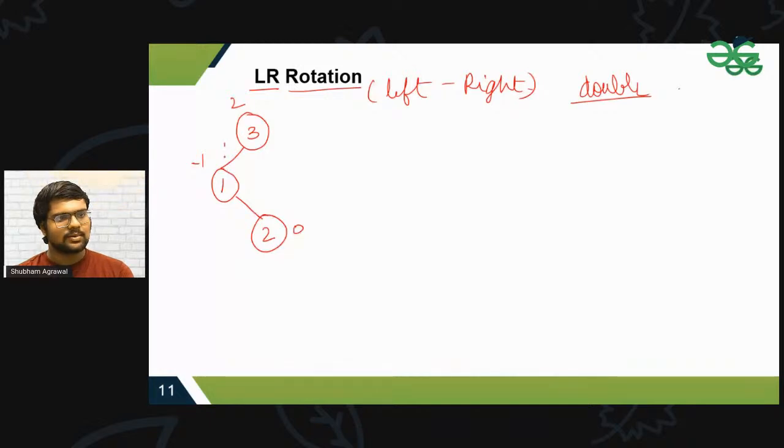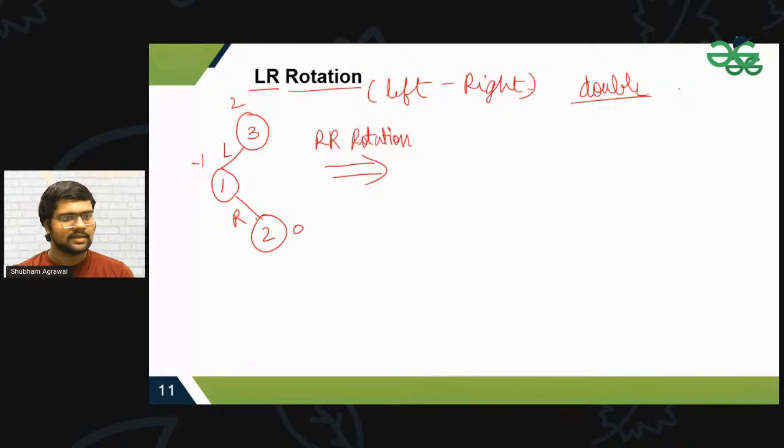So now to rebalance it, we will do first RR rotation. Okay, so for LR rotation, we do first RR rotation and then we will do LL rotation. Okay, so here first we will rotate it.